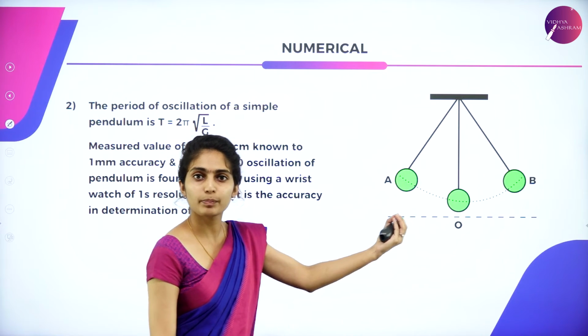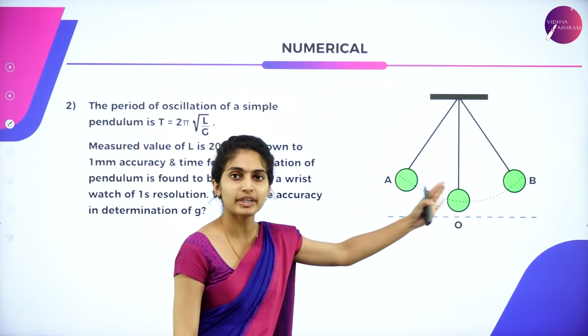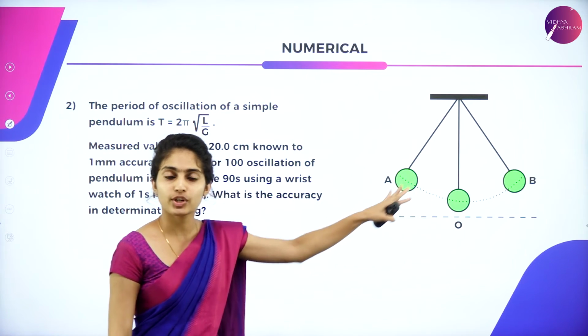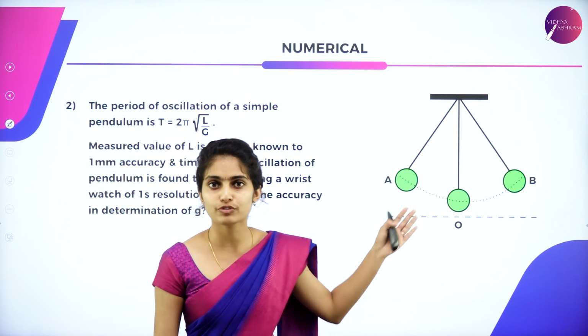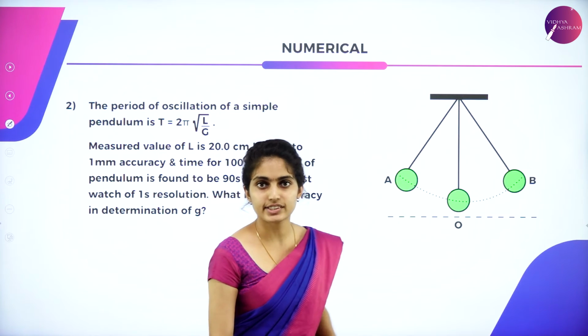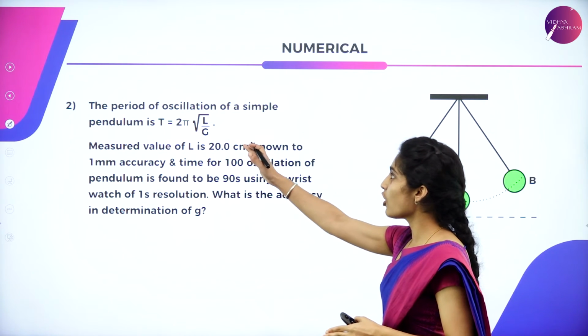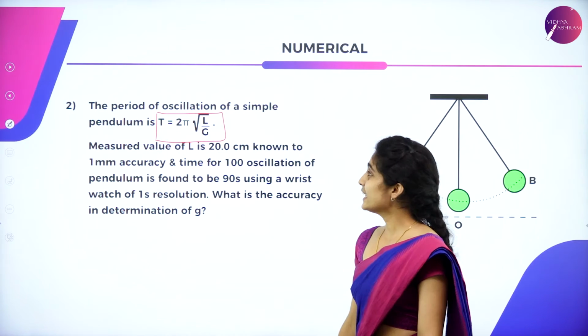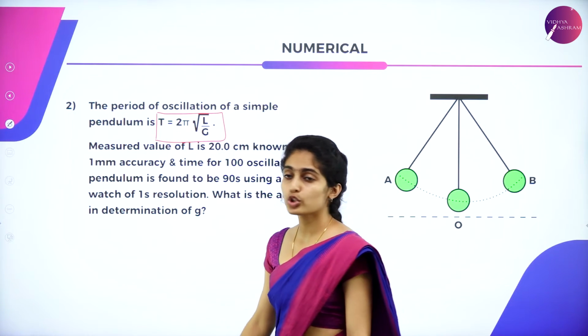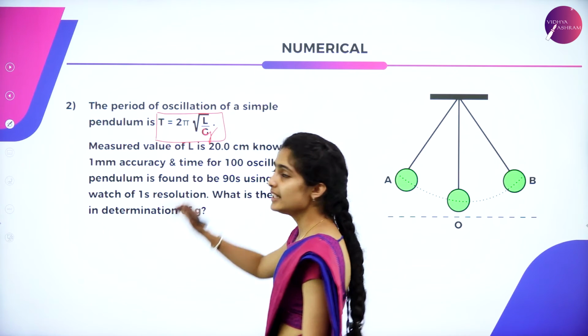What happens when the bob is made to move from A to B? It undergoes oscillation, a to and fro movement of a body. So the period of oscillation of a simple pendulum is given by T equal to 2 pi root of L divided by g.